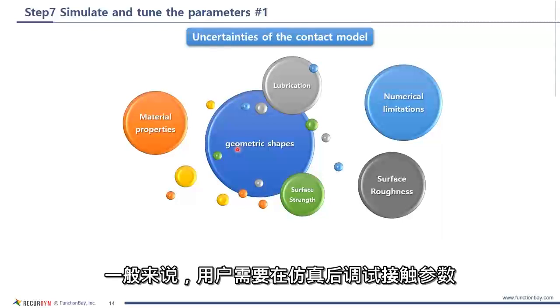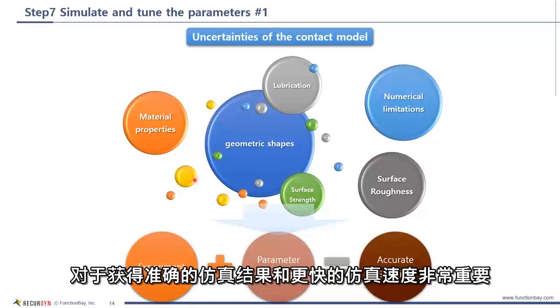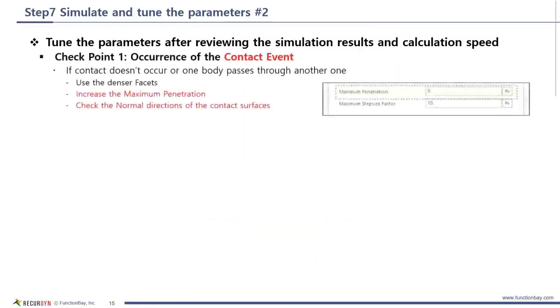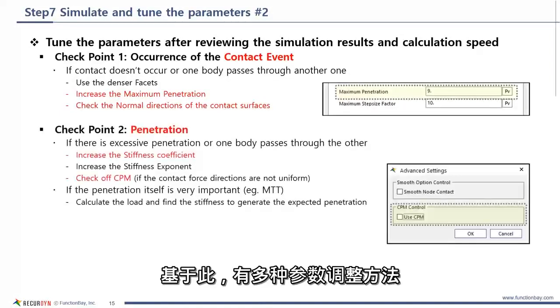In general, users need to tune the contact parameters after simulation, and the correlation with experimental data and parameter tuning are very important to obtain the accurate results and run faster simulation. First, run simulation, then review the simulation results and calculation speed. Based on that, there are several ways of parameter tuning.